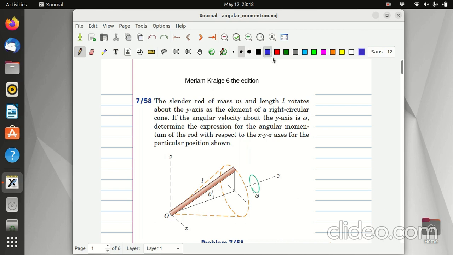So what you can do is, since the rod is rotating about the fixed point O, we write HOX, HOY and HOZ equal to the I matrix, which consists of IXX, IYY, IZZ and the product of inertia terms, multiplied by omega x, omega y and omega z.